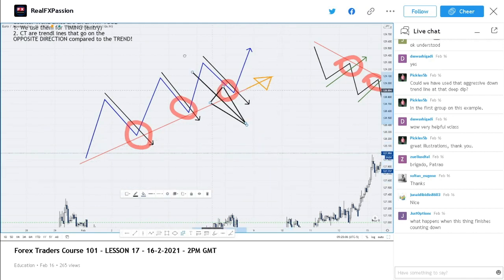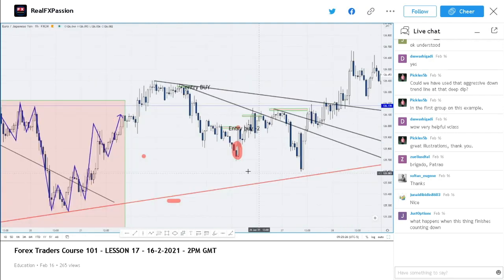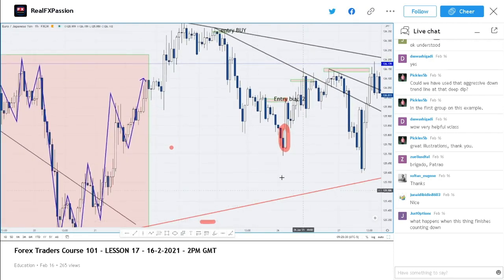So what we are trying to do is buy every counter trend line, okay? Not that you should do this, but we need to see how many entries we have. So we have the first one, we missed the trend, and this was another entry in here if you want, counter trend line.